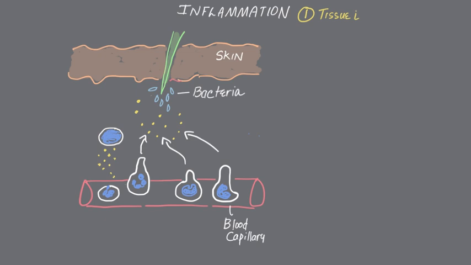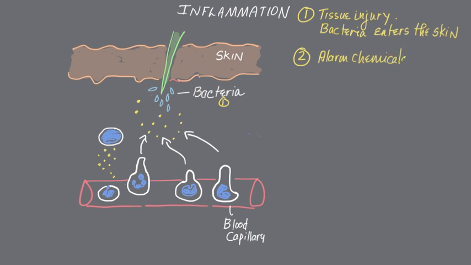The first step is that the tissue is injured by a sharp object and bacteria enters the skin and reaches the dermis. The injured tissue now produces a vast variety of chemicals, one of which stimulates the mast cell. So alarm chemicals are released by the injured tissue.